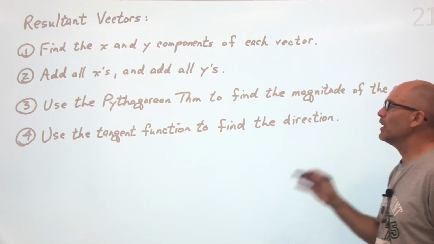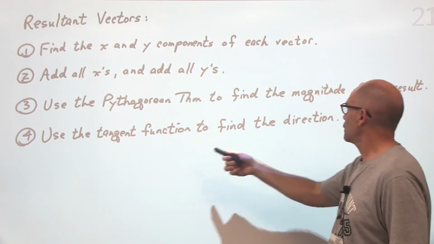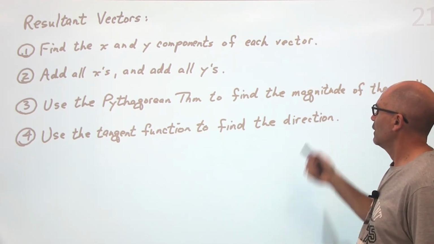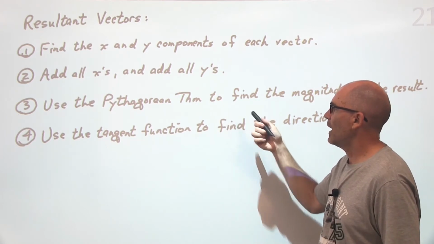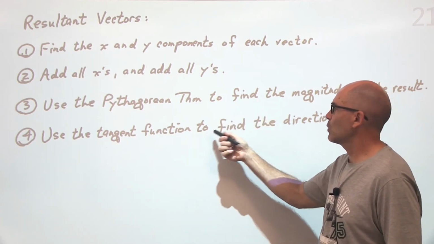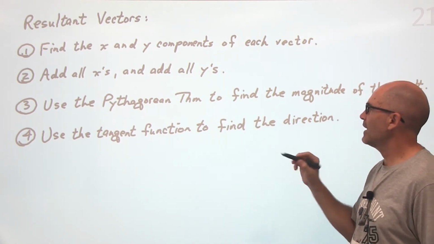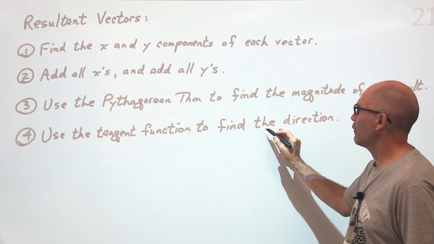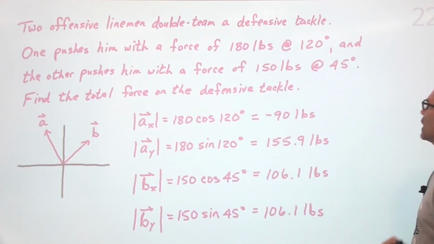And if we want to know the angle, we use the tangent function to find that direction. So tangent theta equals y over x. That means theta is the inverse tangent of y over x. Okay, so let's check that out.